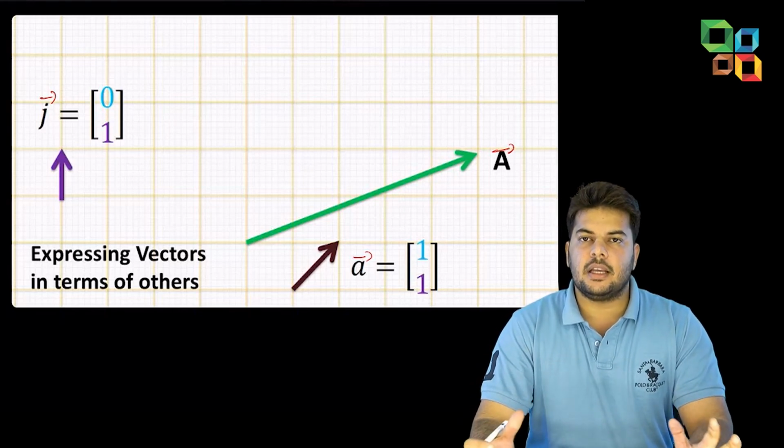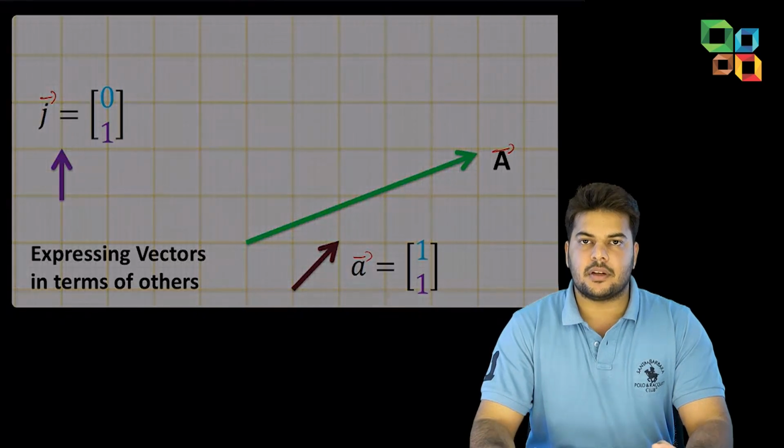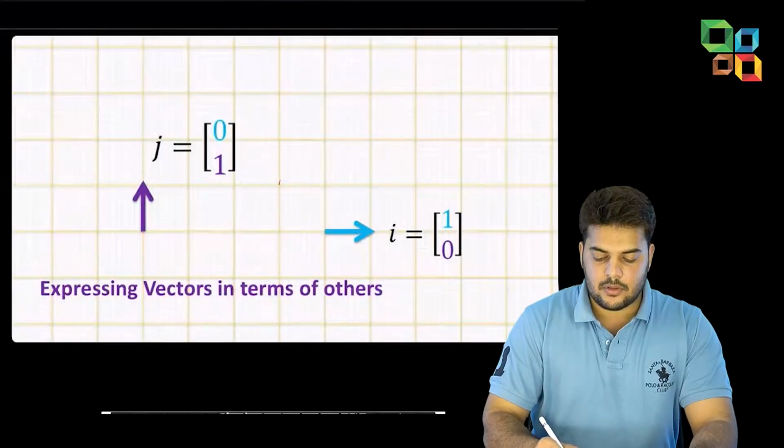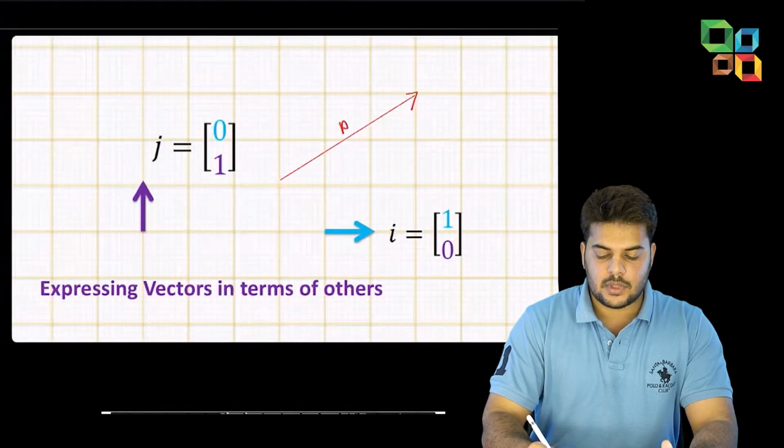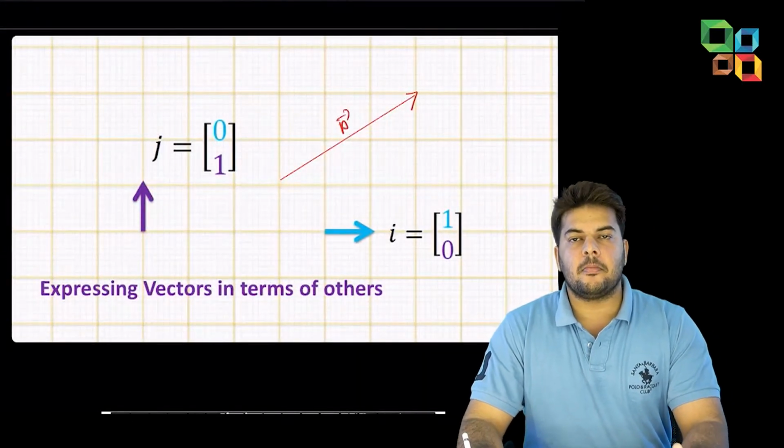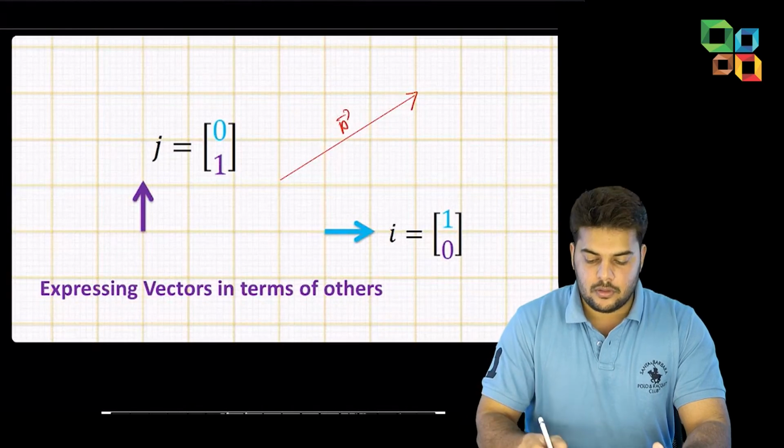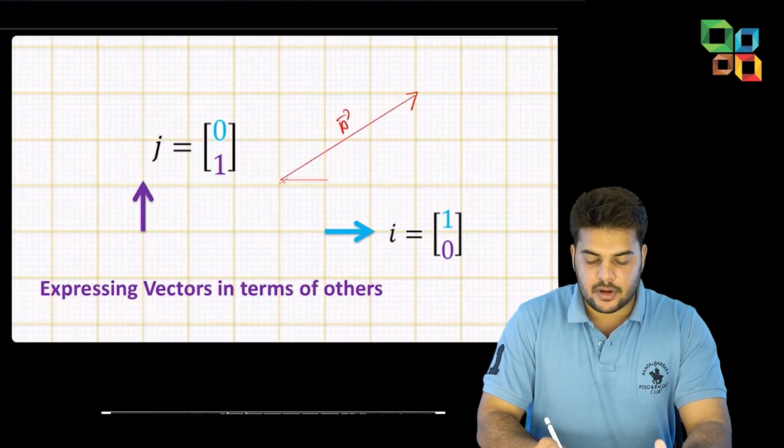What do you mean by writing a big vector in terms of other vectors? Let me go back to this. I taught you that if I give you any vector, let's say this is A vector, you can write this A vector as 3 times I vector.